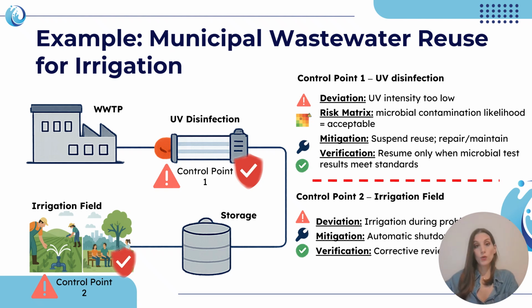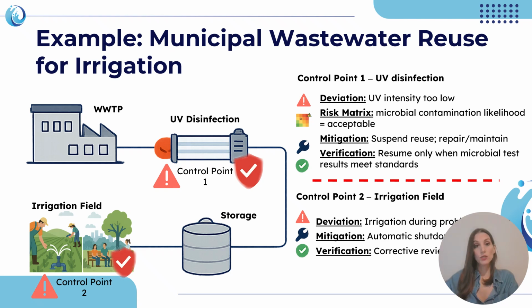The second control point could be at the irrigation stage. Monitoring here ensures the irrigation occurs only under safe conditions, for example, not during prohibited hours or windy conditions that might increase exposure. If such a deviation occurs, irrigation is automatically stopped.